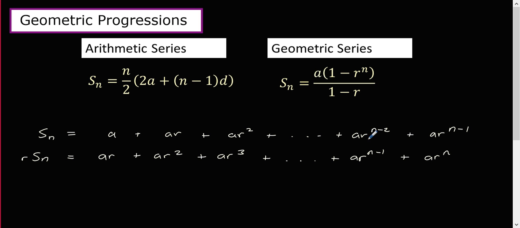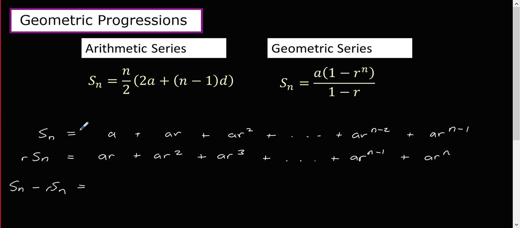Right? So this ar that we've created is the same as that ar. This ar squared is the same as that ar squared. And so you've got this kind of diagonal matching pattern all the way through to the very end. Now, when we have that, it's very easy for us to then just subtract one line from the other.